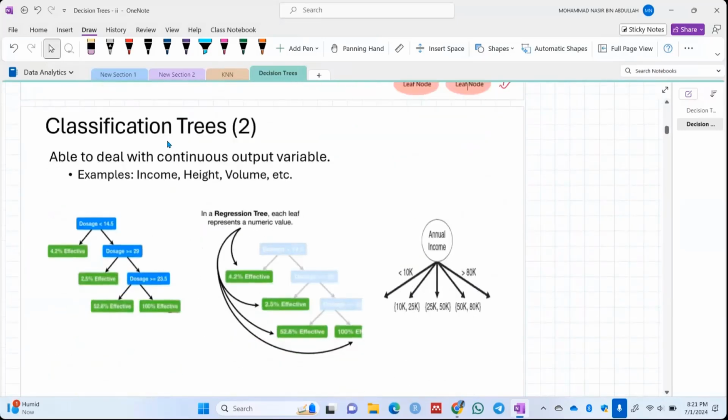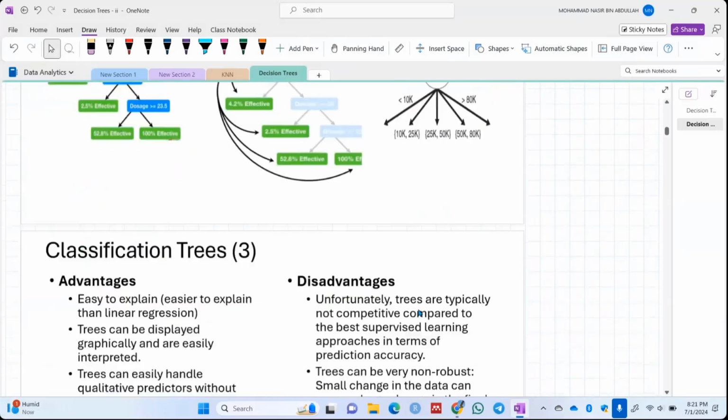And this is an example of the outcome or leaf for a regression task, where we get a numerical value. Basically, for the leaf, we're going to take the mean of the data in that category.